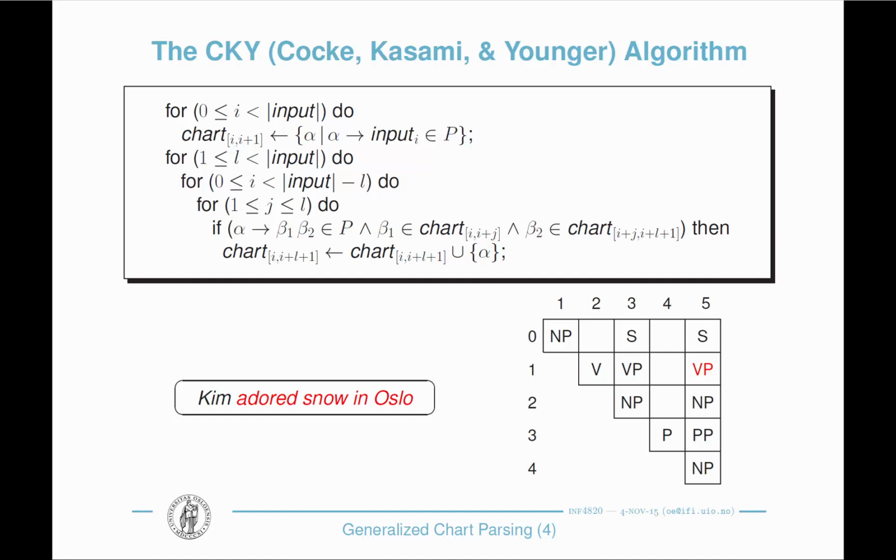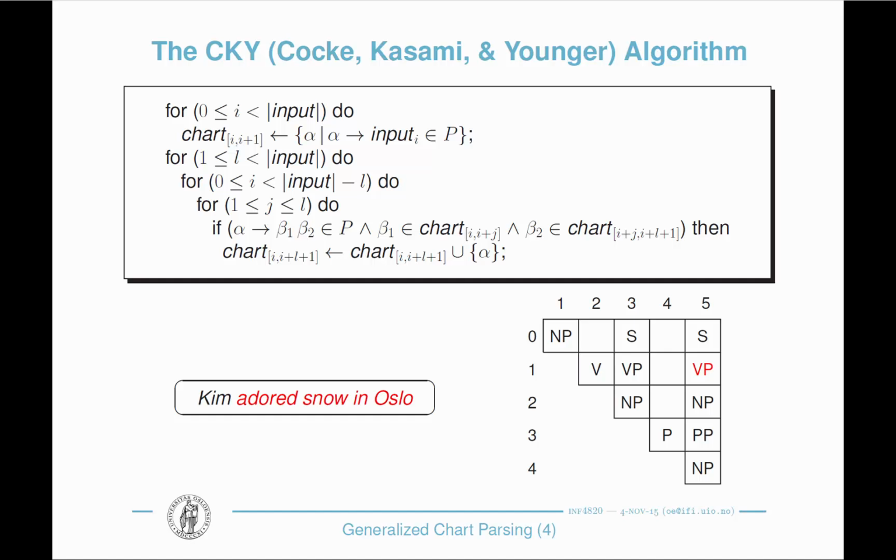And we want something that goes all the way to the end of the sentence and has the same end position as this cell that we're currently computing. So this V plus this NP add up to 1, 2, 5, with 2 as the intermediate breaking point. And we have a rule V plus NP gives a VP, and hence we have validated your hypothesis that the local ambiguity is indeed hiding here.